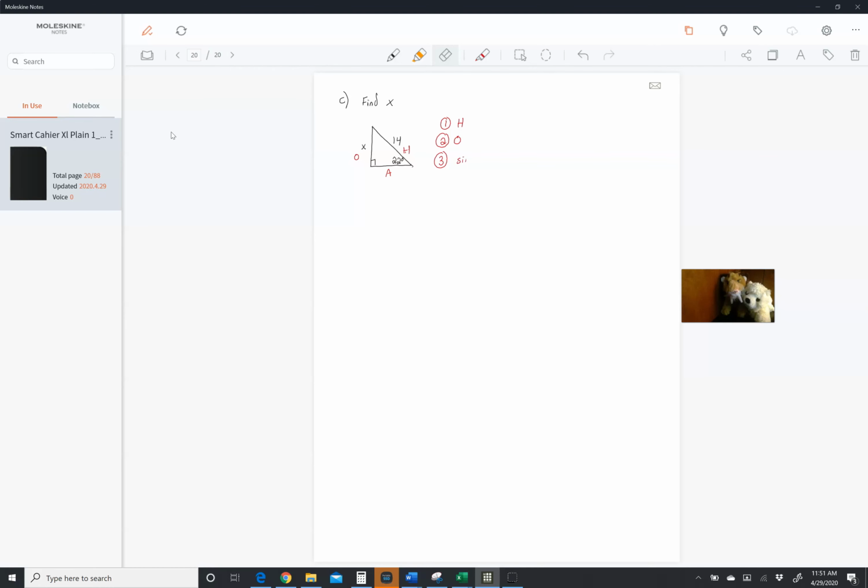Sine. Notice I always write sine of theta. That's the first question. The second is what we're finding. And the third is the trig function.